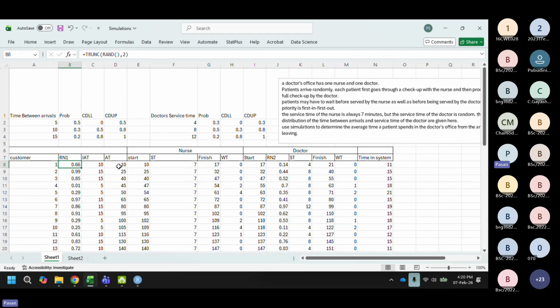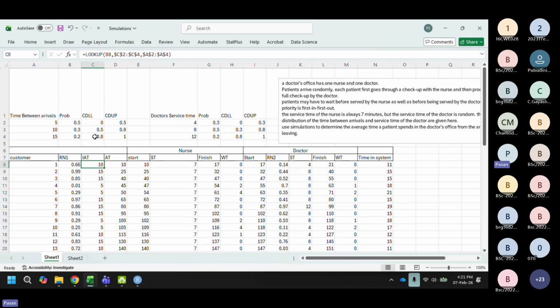You can see that, looking at these here, which interval they are going to follow, I can use this lookup command. I'm looking at this value here, and then checking this column here.